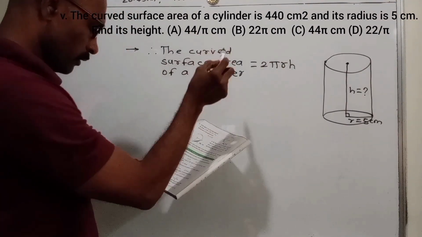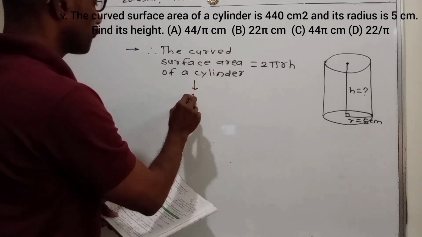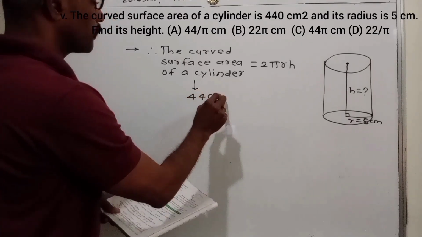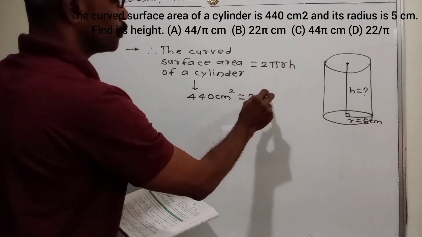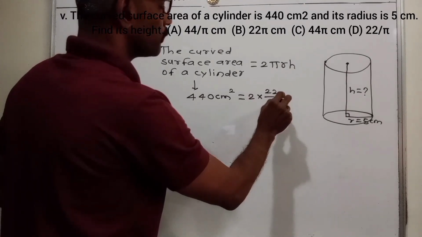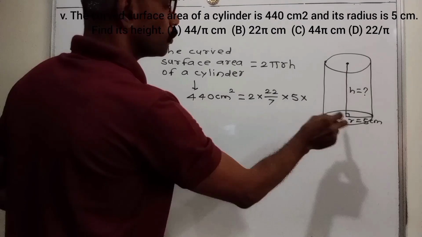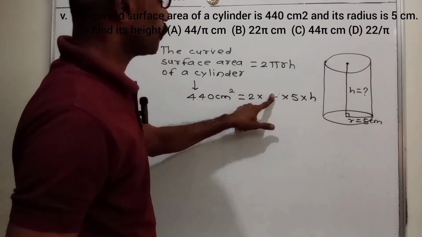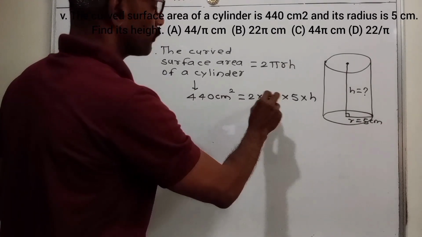Now we have given the curved surface area of cylinder 440 centimeter square is equal to 2 into 22 upon 7 into 5 into h, but don't put here value of pi, in terms of pi.